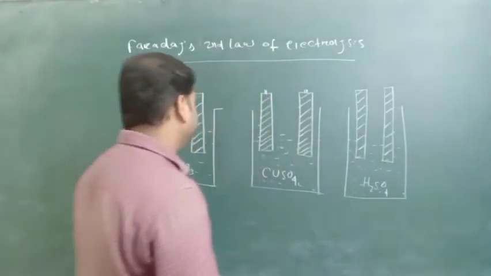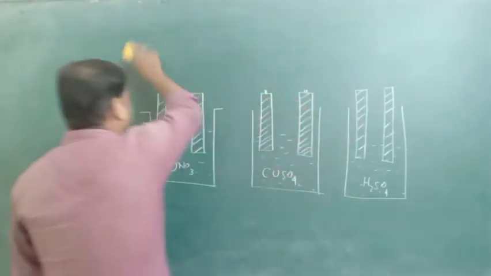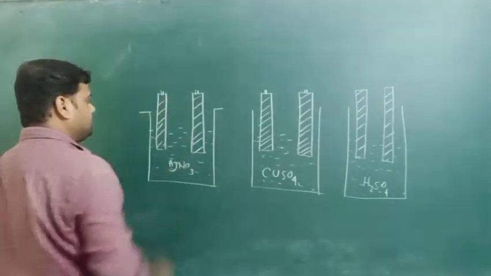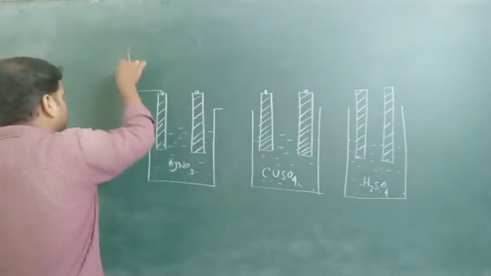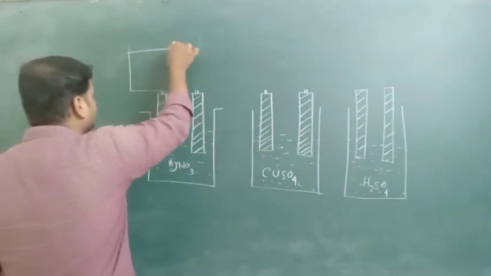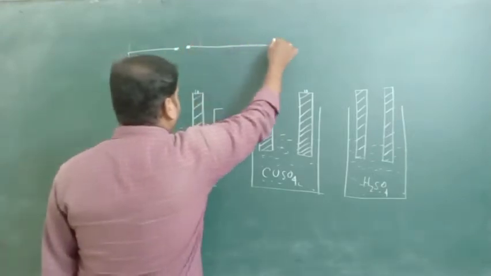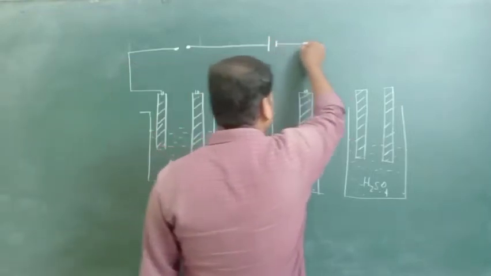All three are connected in series with a source of electricity. Here is the key, and here a battery is connected.